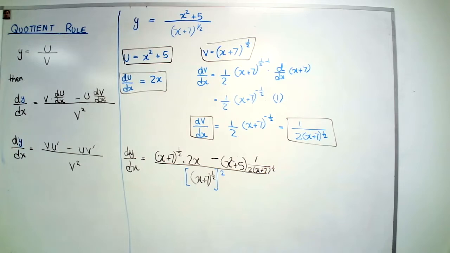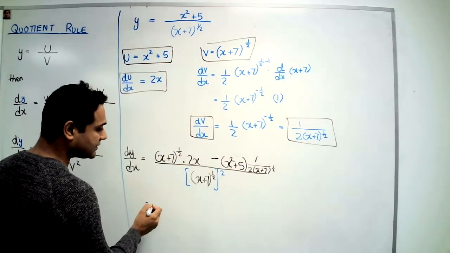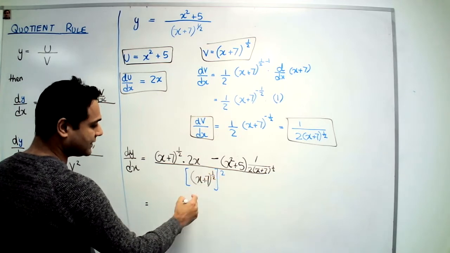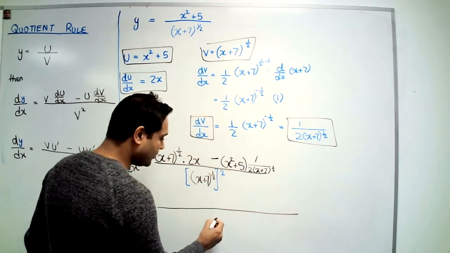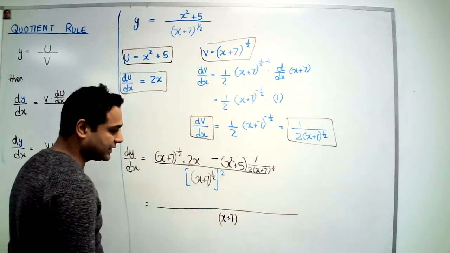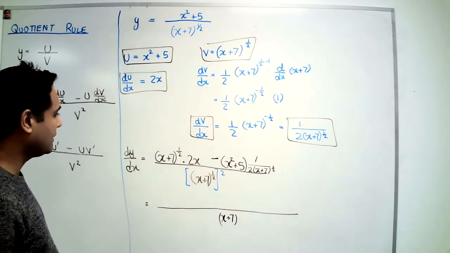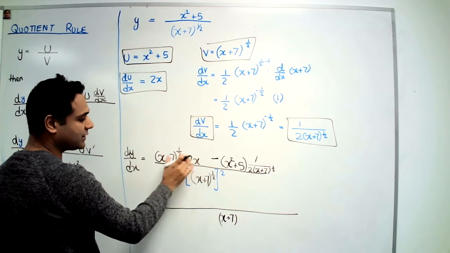Now I need to simplify these ones. To simplify that one, the first thing I need to do is this 2 and this 1 over 2, they cancel. So at the denominator, you just get x plus 7. The 2 and that half, they cancel out. Now here, I can write this one, 2x and that one. Doesn't matter which order I write.